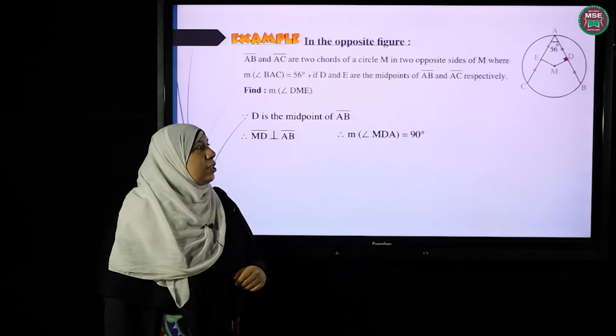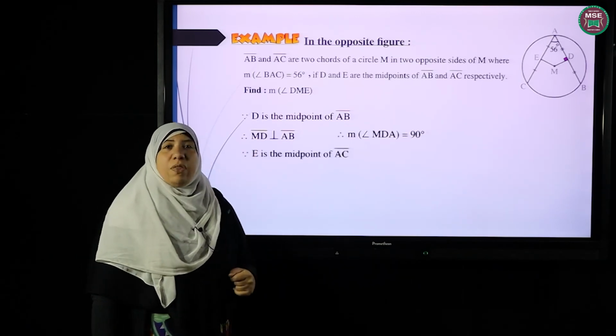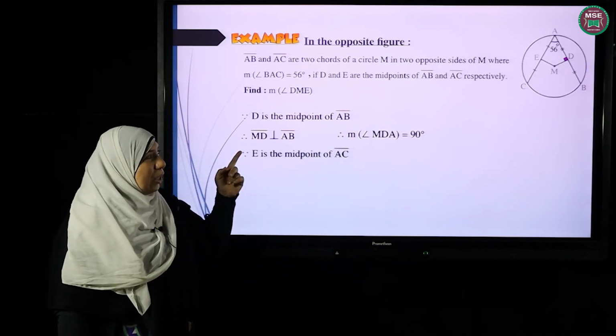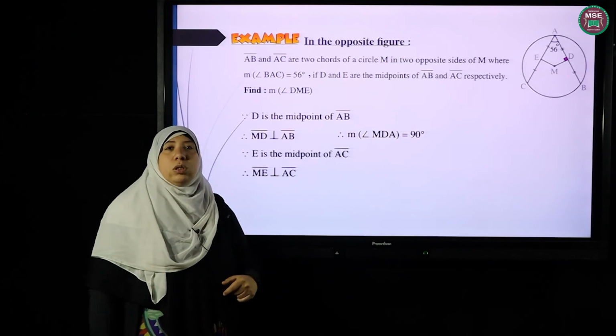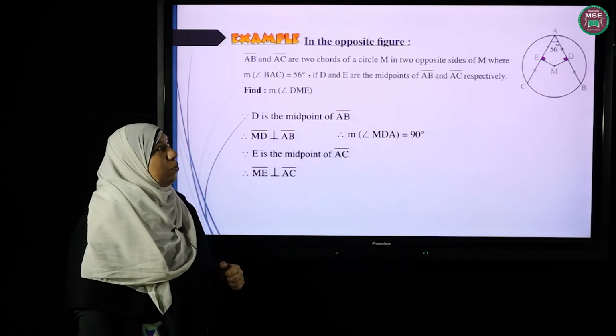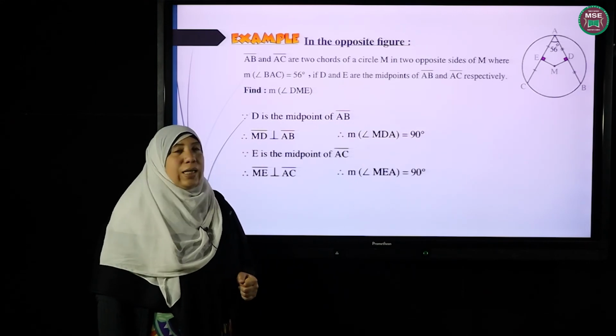So this angle is 90 degrees. Again, E is the midpoint of the other chord, so ME from the center to the midpoint is perpendicular to the chord, and this angle AEM equals 90 degrees.